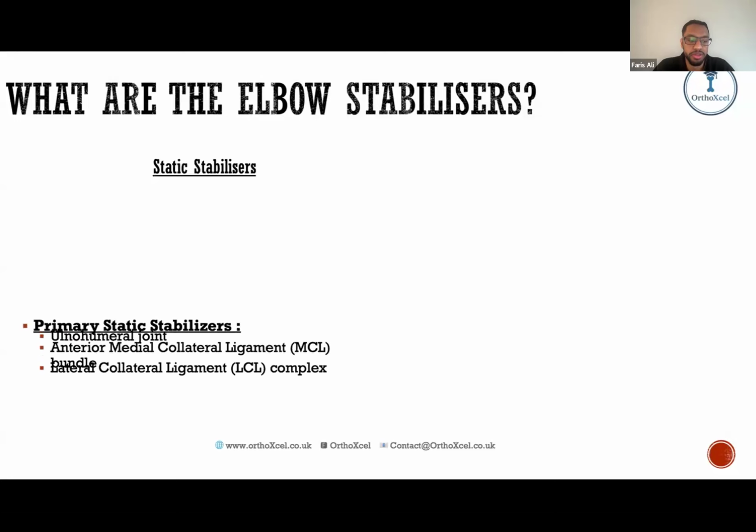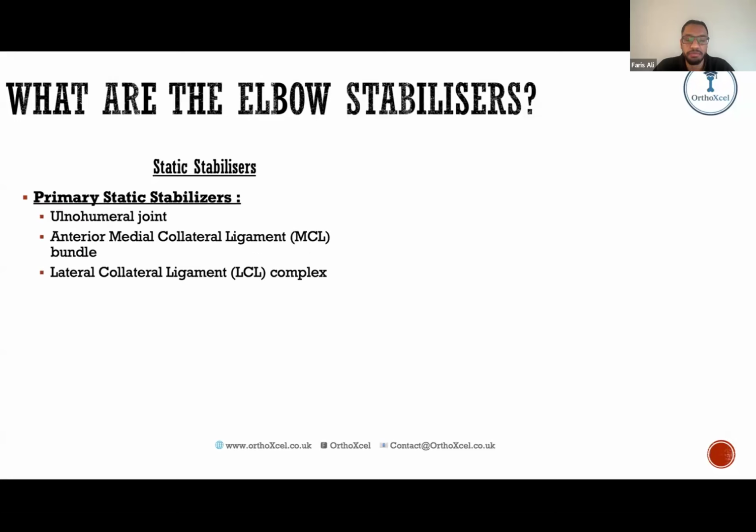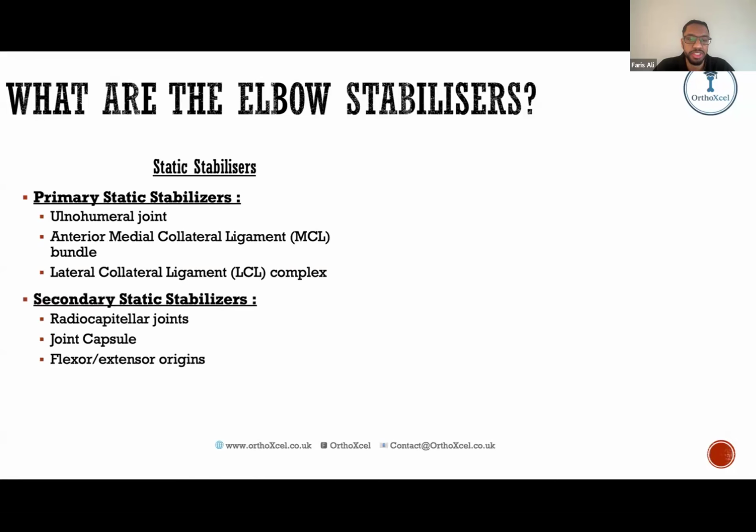The primary static stabilizers are the ulnohumeral joint, the anterior MCL bundle, and the LCL complex. The secondary static stabilizers are the radiocapitellar joint, the joint capsule, and the flexor and extensor origins. Then we move on to the dynamic stabilizers, which are easier to memorize: the anconeus, brachialis, and the triceps, which are the main muscles.